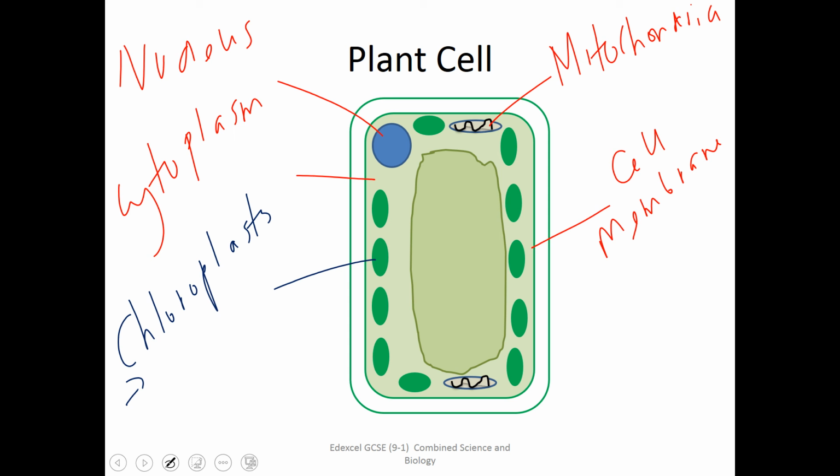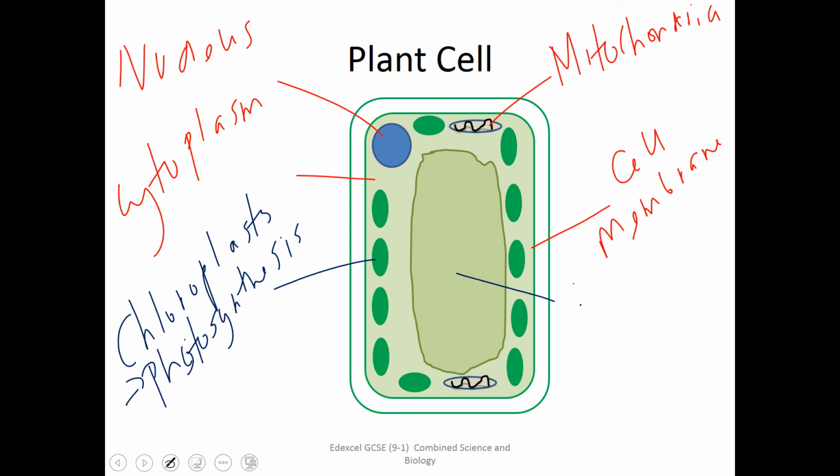This pigment gives plants or leaves their green color, but also are important in capturing the sunlight's energy to carry out a process known as photosynthesis. Photosynthesis is a chemical reaction between carbon dioxide and water that produces glucose and oxygen. The glucose is the food that plants require.